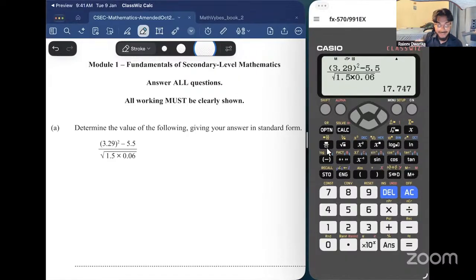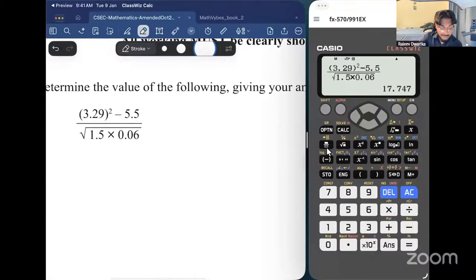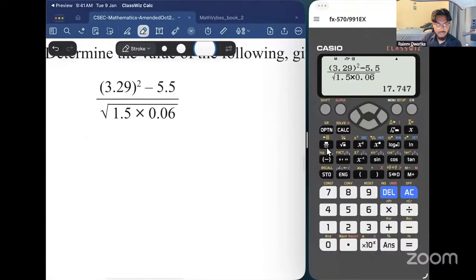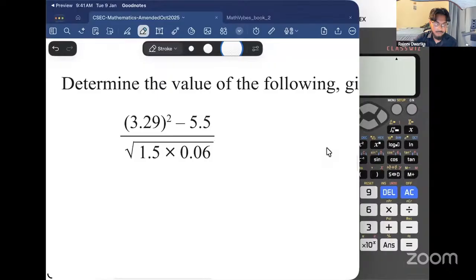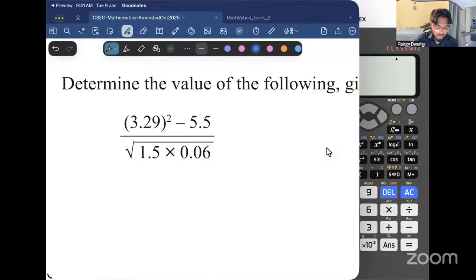Alright, now here's what. Let me just say you did not have a Casio. Let me show you how you would have to plug this in if you had a Sharp. So if you have a Sharp... I only have a computer calculator right now. Can't work. Oh, I see. Well, at home, do you have a Casio or a Sharp? So I have none. None.